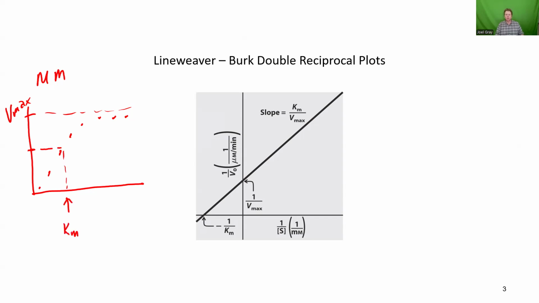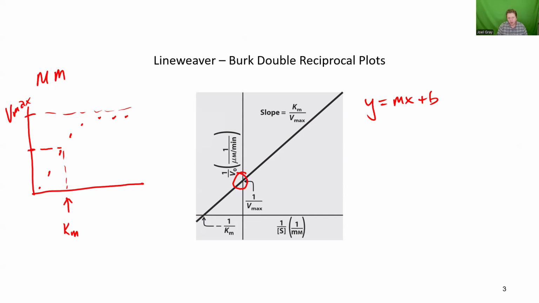The difference is that on a Lineweaver-Burk double reciprocal plot, you have intercepts. Where your data has been made into linear form, you have a y equals mx plus b equation for a line. Where the line of best fit intersects the y-axis is equal to 1 over Vmax.